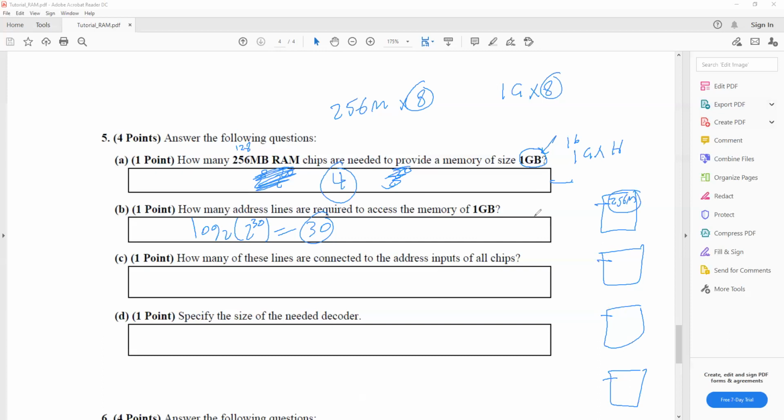So you just need to check how many address bits the 256 mega needs. This will be log 2 of 2 to the 28, which is equal to 28 bits. The 2 extra bits are what go to the decoder. The decoder is 2 to 4, so the last 2 bits will go here and then you can activate each chip alone, but the chips will take in 28 bits.